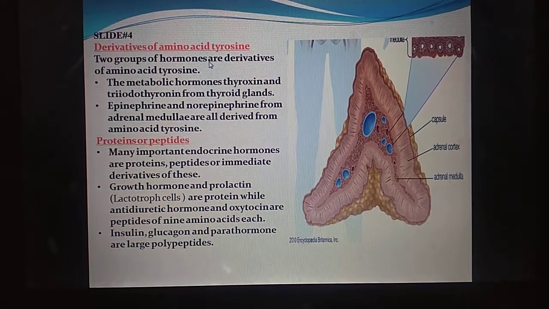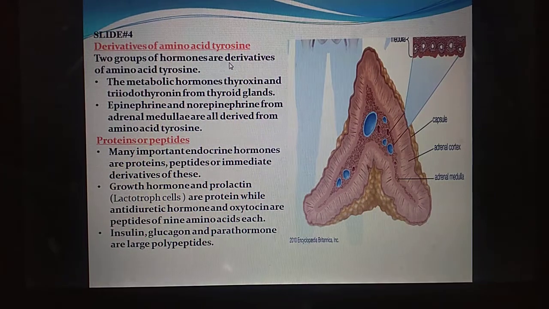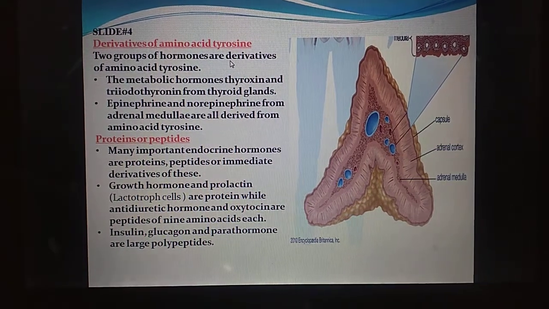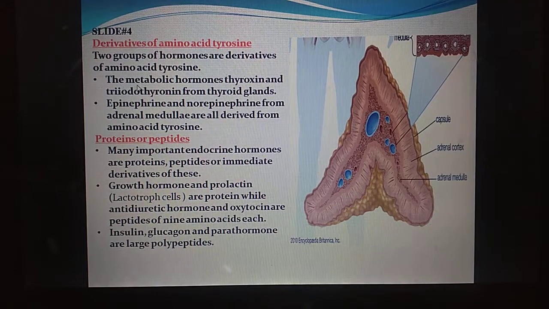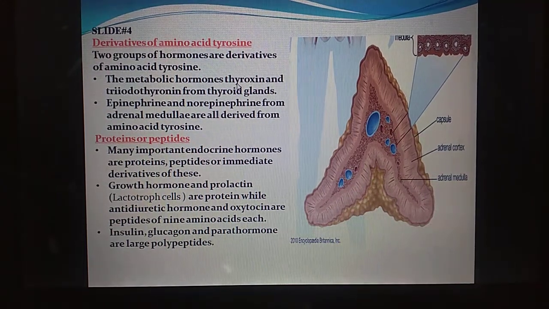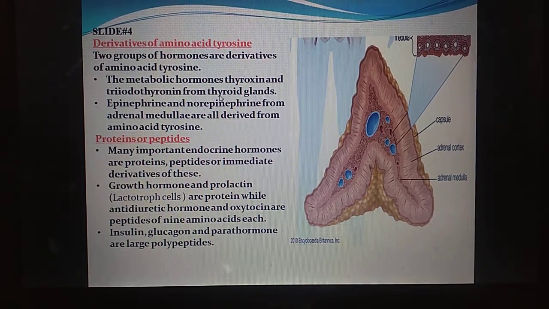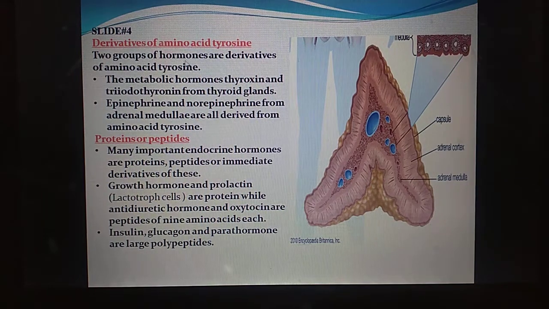The two groups of hormones have been derived from this amino acid tyrosine. Let's see which ones. The metabolic hormones, that is thyroxine and triiodothyronine from the thyroid gland, are basically derivatives of this tyrosine. These hormones are of prime importance. We would be studying their importance in the upcoming lecture.